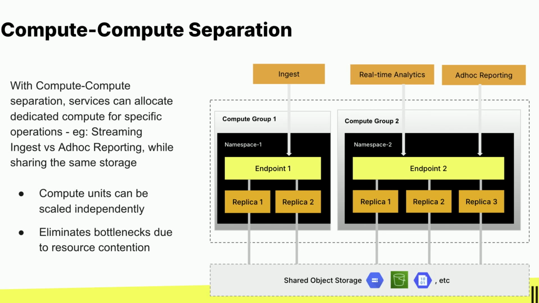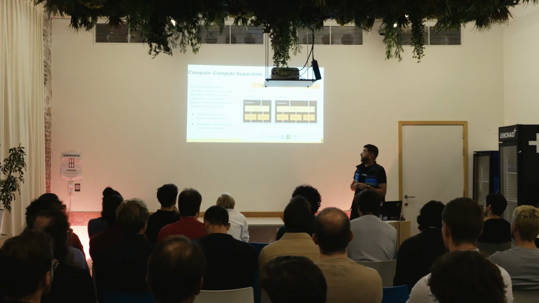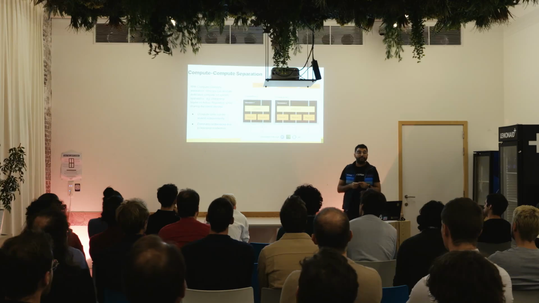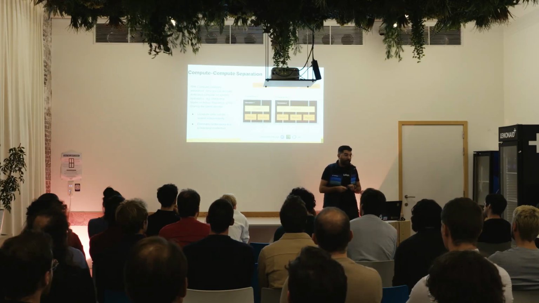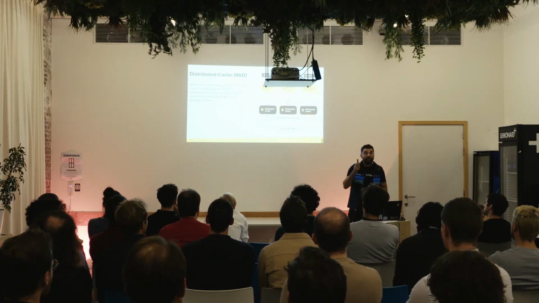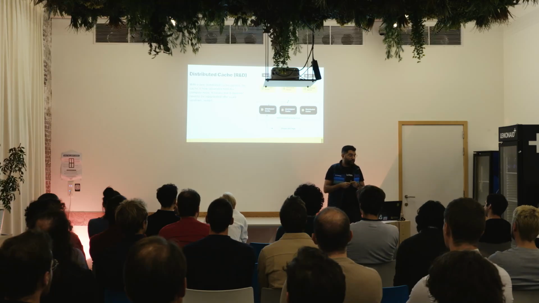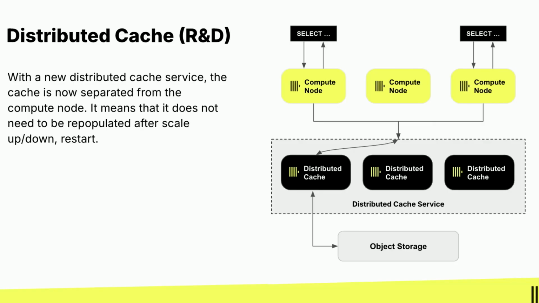For example, on the same shared object store, you can have one service for ingestion and another service for reporting without impacting each other. It's a really nice feature that customers who tried it love, and they use it very much.